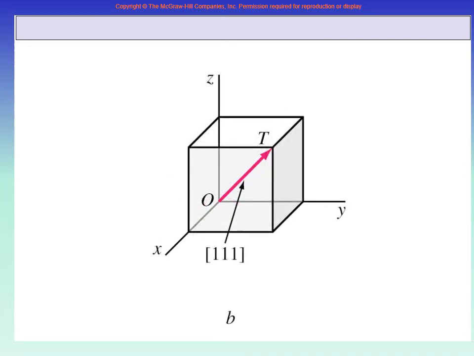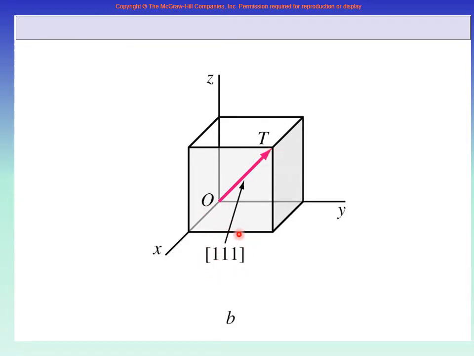One more example. You are going from the origin to this point T. So you are traveling 1 in the X, 1 in the Y, 1 in the Z. So the coordinate of this one is 1, 1, 1. And when you subtract 1, 1, 1 minus 0, 0, 0, you get 1, 1, 1.